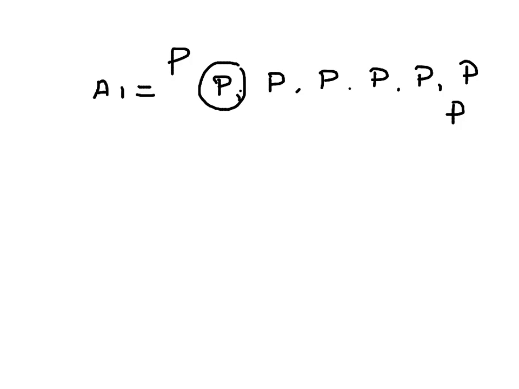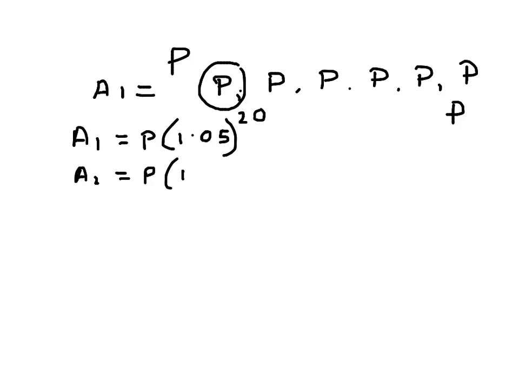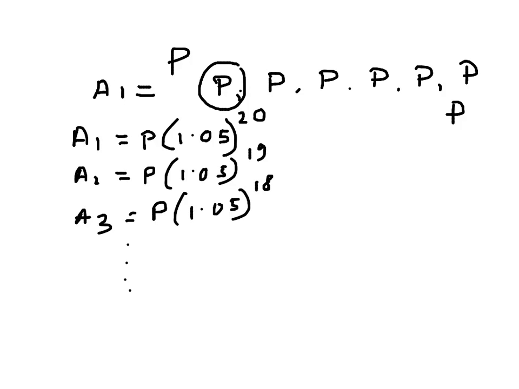So the first amount that he puts in will be there for, if the annual interest rate is say 5%, so it's becoming 1.05, and this one is staying for 20 years. The second one will stay for 19 years. The third one will stay for 18 years, like that, and the final one will stay for just one year.